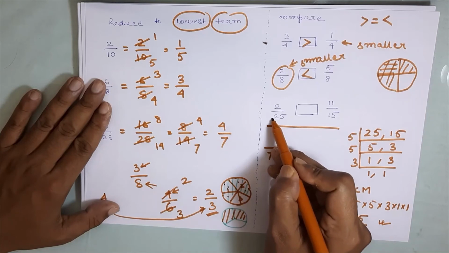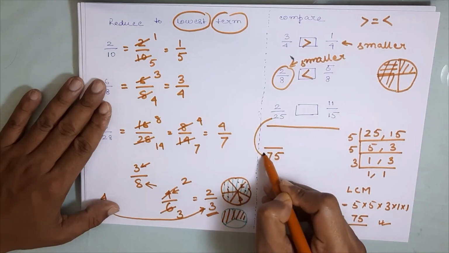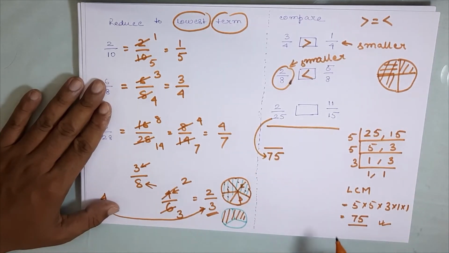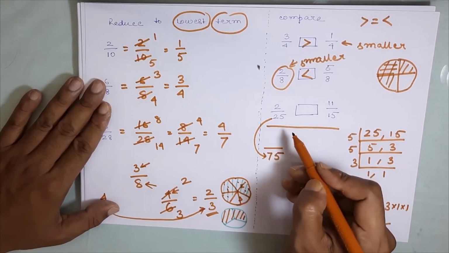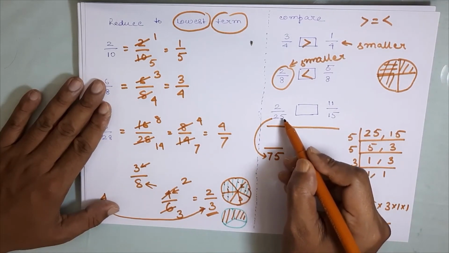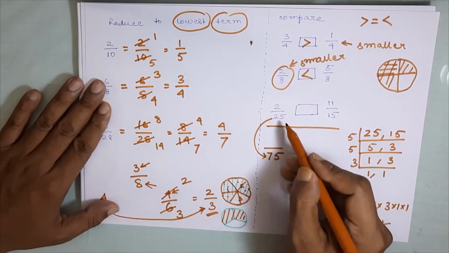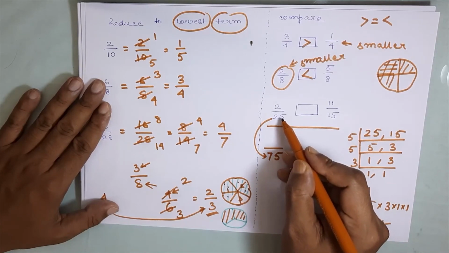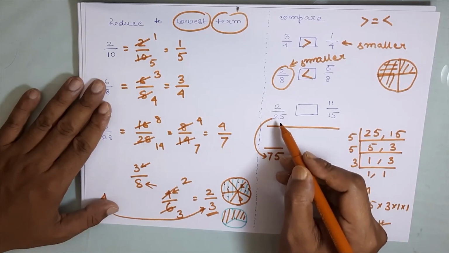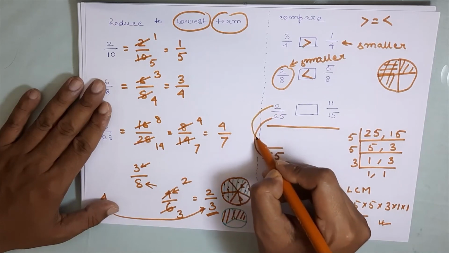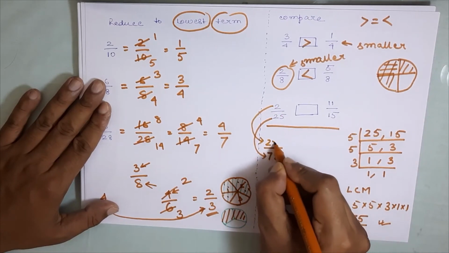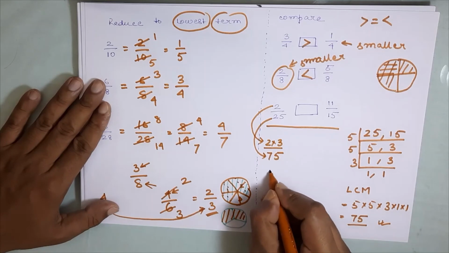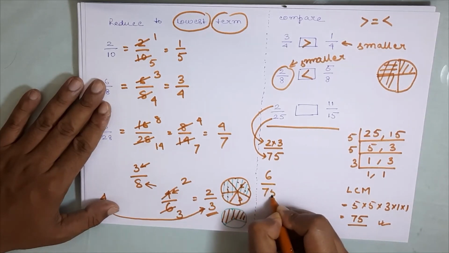Now if you change 25 into 75, what exactly are you doing? You are multiplying 25 into 3. So 25 into 3 equals 75. Now if you multiply the denominator by 3, you have to multiply the numerator also. So 2 will also be multiplied by 3. 2 into 3 will be 6 by 75.